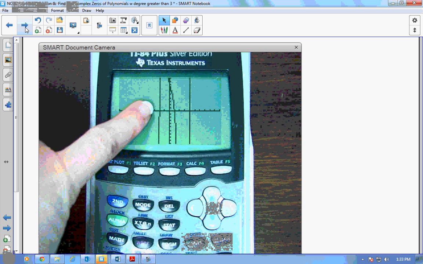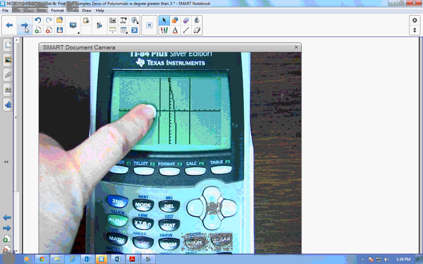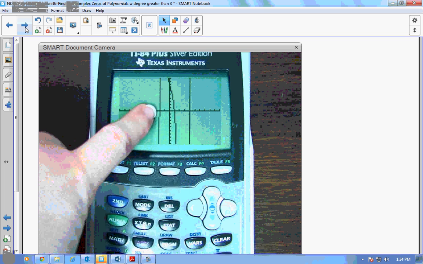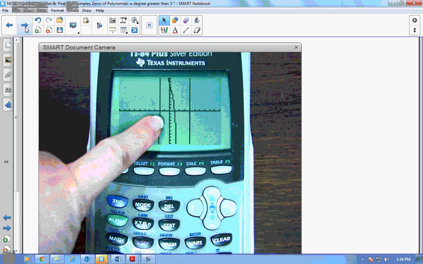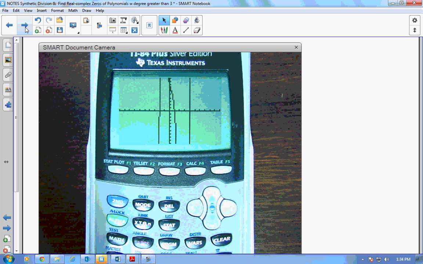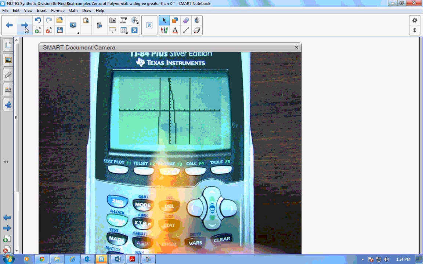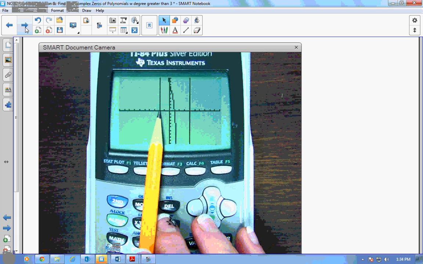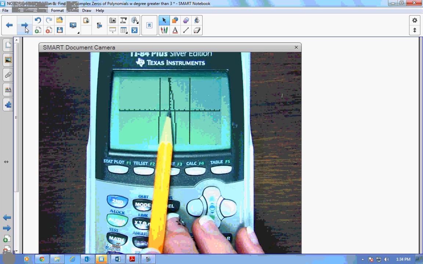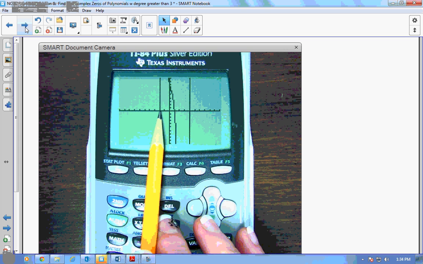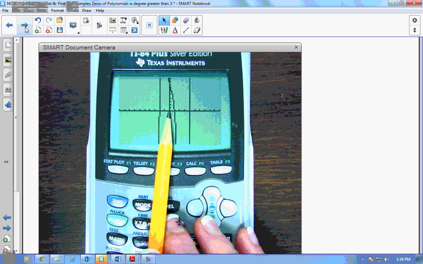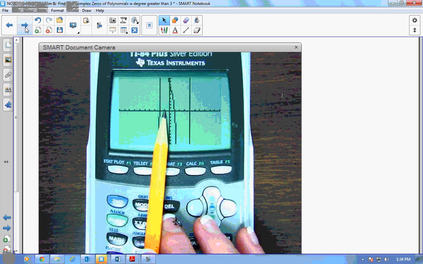Maddie, what do you think our x value here is? Here's the origin, 0, 0, so what's this x value? Now this is 0, so -1, this would be -2.